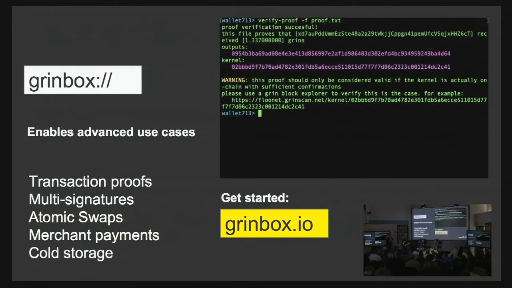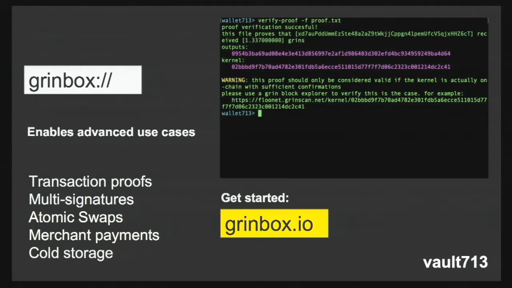With Grinbox, we basically enable all these advanced use cases. Normally if you're transacting, or for example doing atomic swaps, you have to send around a lot of files, which is not really practical. So with Grinbox, we try to make it way easier. One of the things we recently added was transaction proof.